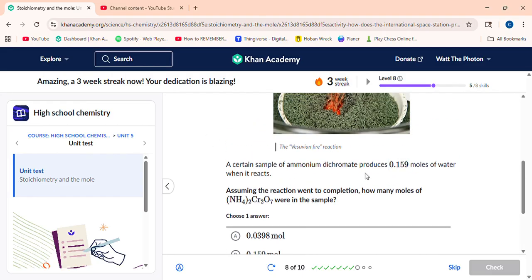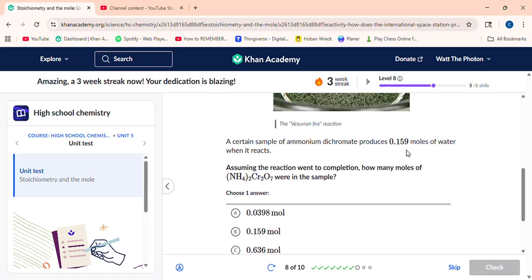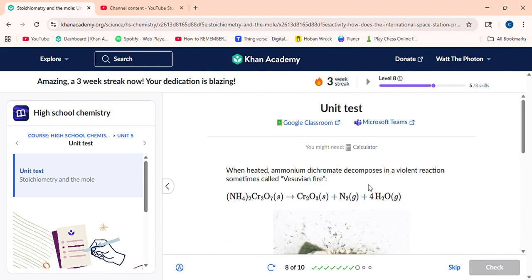So we have 0.16 moles. So we have to find the molar mass. No? Oh, moles of water. I see what it's saying.